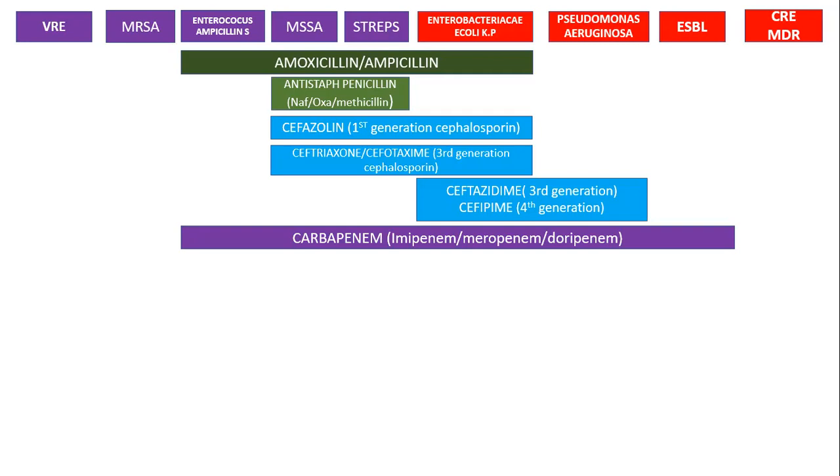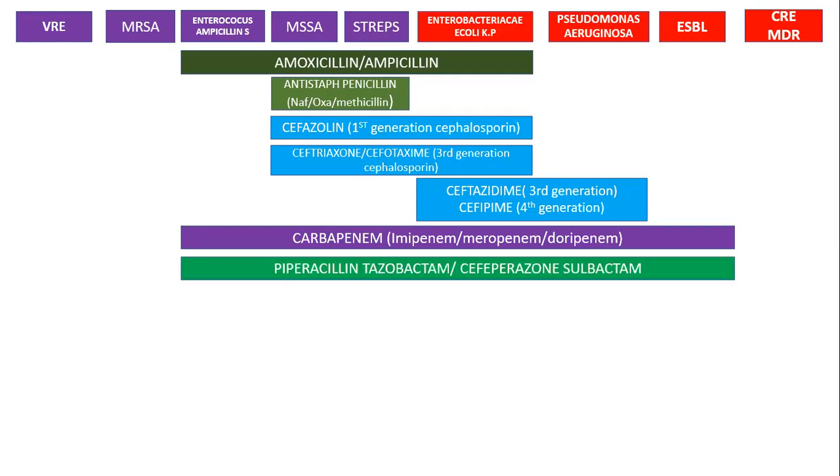Cefepime also has gram-positive coverage. It covers MSSA and streps. Then we have carbapenems. Carbapenems have gram-positive as well as gram-negative coverage. It covers ESBLs too. Same is the case with piperacillin tazobactam and cefoperazone sulbactam.